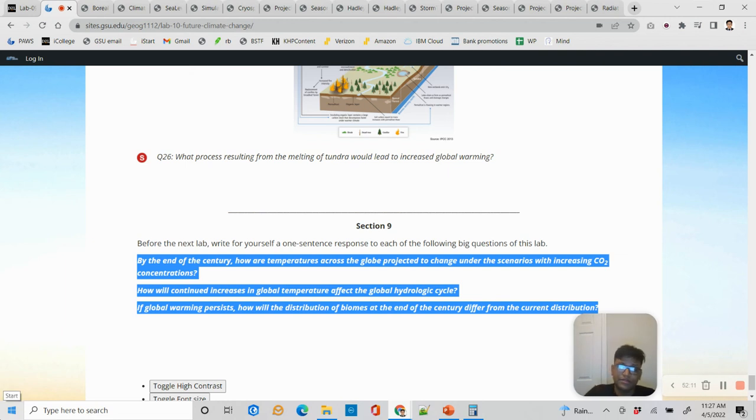This is the final lab for this weather and climate. I believe you've enjoyed this lab. Personally, I take another lab, introduction to landforms, and this weather and climate. Among these two, I really like weather and climate because it's really practical.